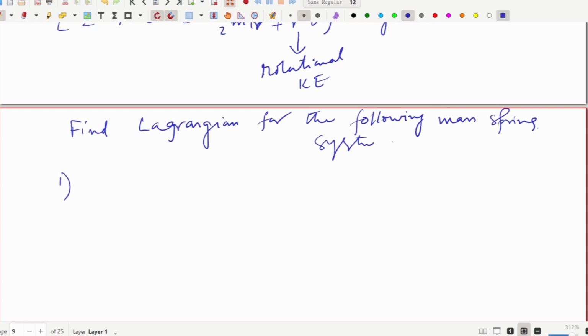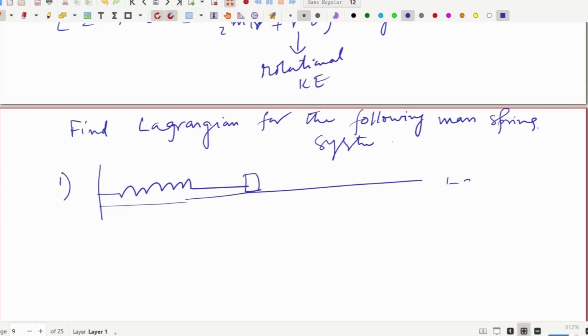One is that suppose you have a spring moving in one dimension, one mass, one spring, and the spring has constant k, rest length L0, and the mass m moves in x.